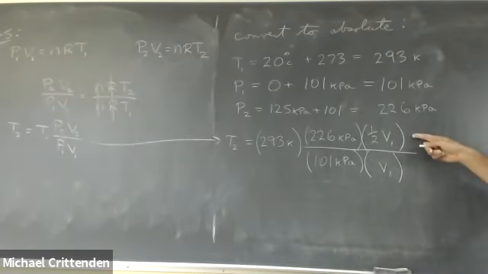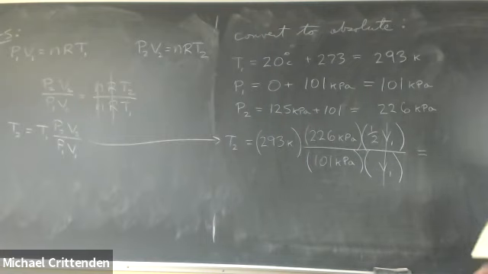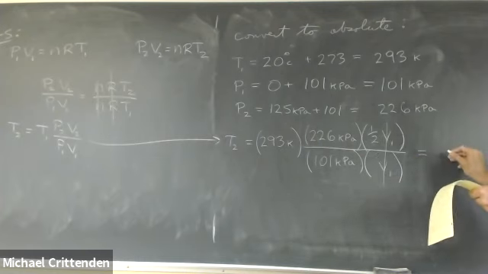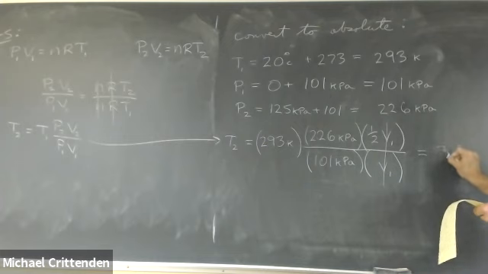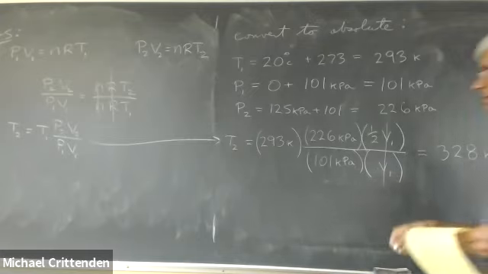If you fill in that V2 equals 1/2 of V1, the original volume drops out, so it doesn't matter what it was. So you get your little calculating machine, and you do that times 0.5 divided by 101, and it should say 328. That would be in kelvins.